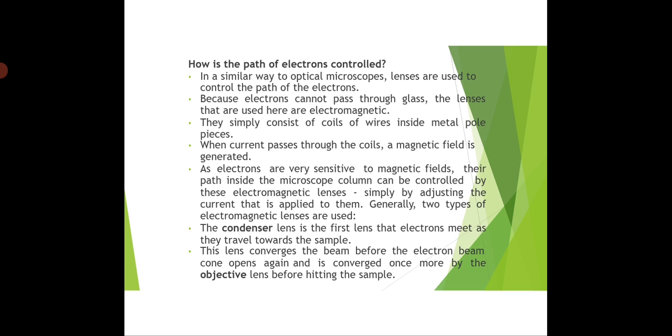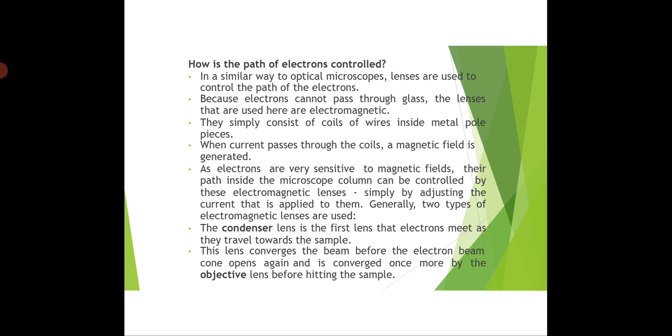They simply consist of coils of wires inside metal pieces. When current passes through the coils, a magnetic field is generated. And electrons, being charged particles, are sensitive to magnetic field. Their path inside the microscope column can be controlled by these electromagnetic lenses simply by adjusting the current that is applied to them.